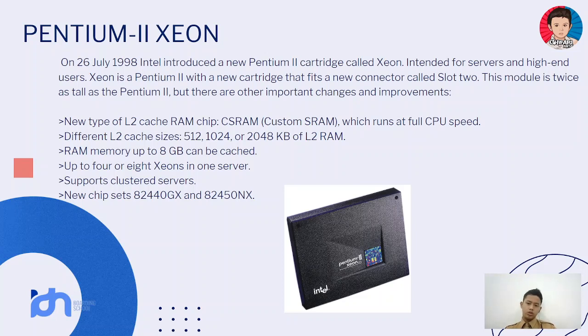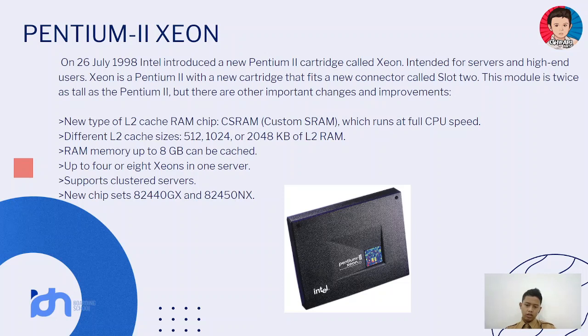This module is twice as large as the Pentium 2, but there are other important changes. The improvement: one is a new type of L2 RAM chips, CSRAM, a custom SRAM which runs at full CPU speed.